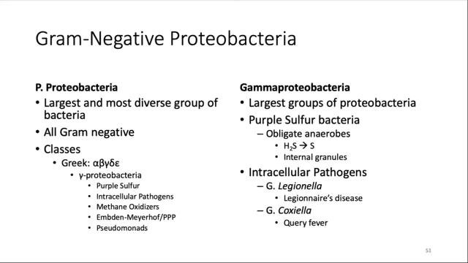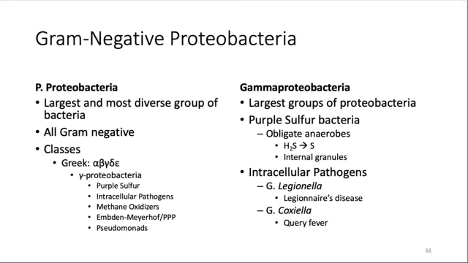Now, the gamma proteobacteria are the largest groups of proteobacteria. So you have the purple sulfur bacteria that belongs to this group. You have intracellular pathogens that are also members of this group.